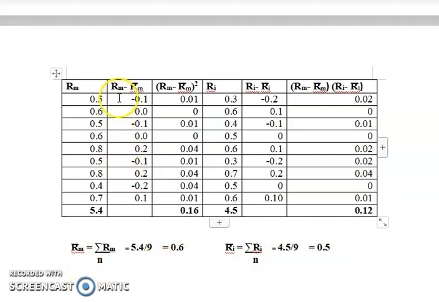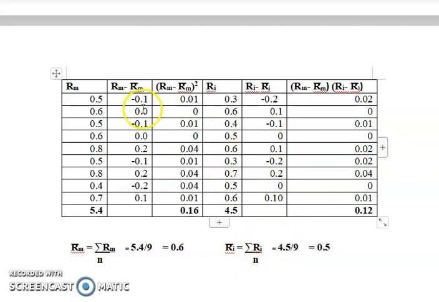So I can very easily find RM minus RM bar, and to the power of 2. The formula requires only this item and this item, so I don't need to find the square root of these values, which is not required. I just do what I need.